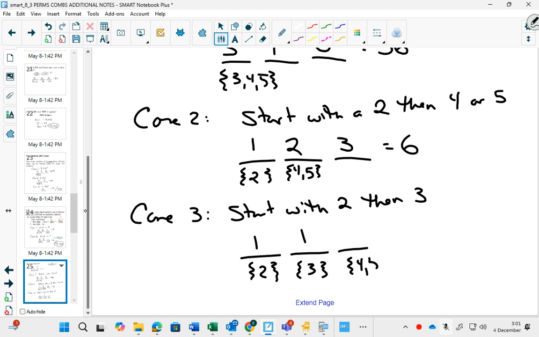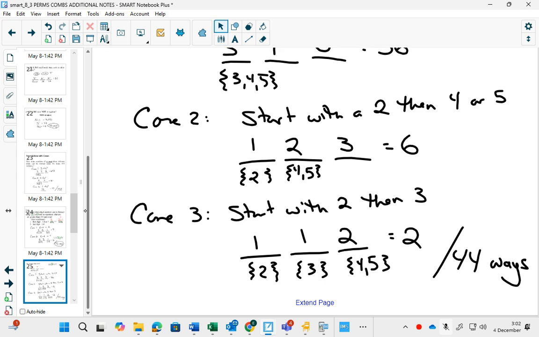And anytime there's a restriction, it's good to write them out. Because there are 3 numbers bigger than 2, but do you see that you've already used up the 3? So as a result, there are 2 here. And add up the 3 cases to get 44 ways in total.